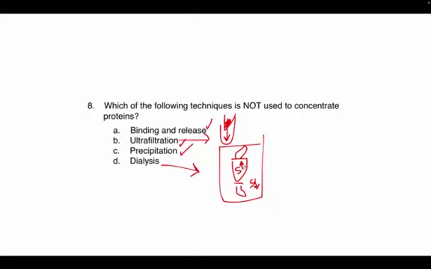Since our protein is stuck in the bag, right? We use a cutoff which is less than the molecular weight of our protein. We don't want our protein to go into the buffer. So what is going to happen is that solvent is going to come into our dialysis bag, okay, and increase the volume of the solution that is kept over there. Yeah, so if you've ever done a dialysis, you will notice that the bag swells up by the end of dialysis. So dialysis is not concentrating our protein, okay? In fact, it is diluting our protein.